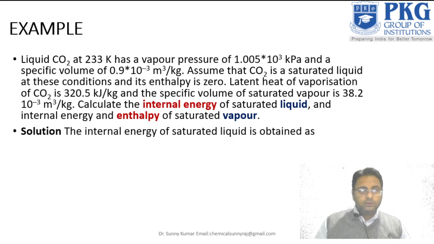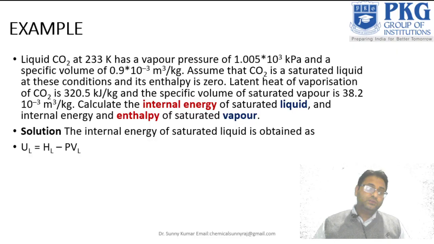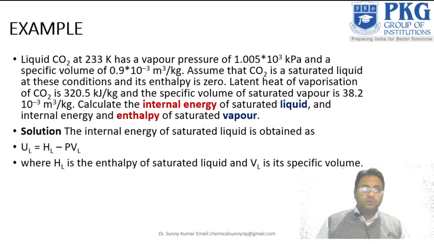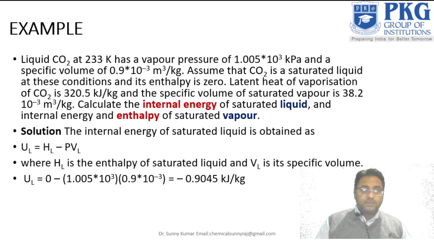So how to solve this? We know that the internal energy of the saturated liquid is obtained as, so this is the formula. We know that H equals U plus PV, where HL is the enthalpy of the saturated liquid and VL is the specific volume.